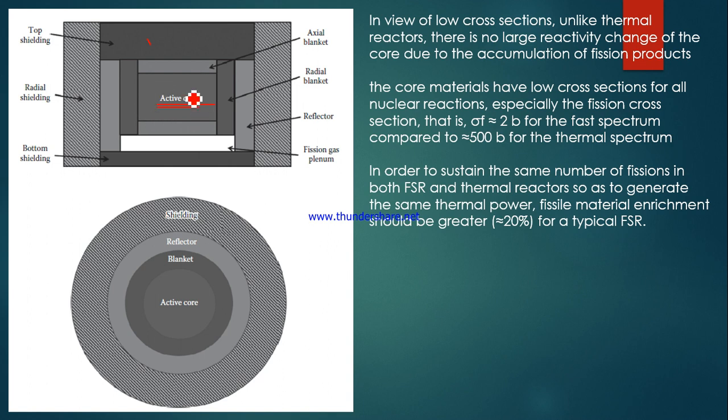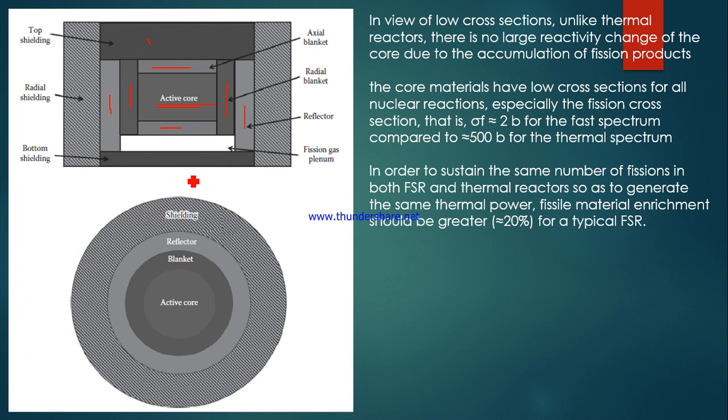Here only pure fissile material will be kept, and this is the axial blanket, this is the radial blanket, then there will be a reflector, and this is the gas plenum, which we'll see in each fuel sub-assembly.